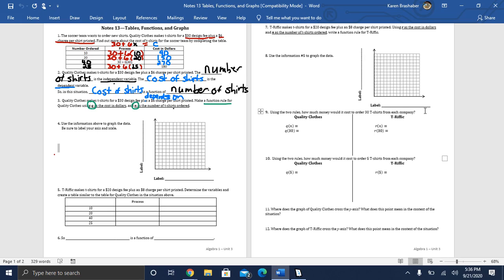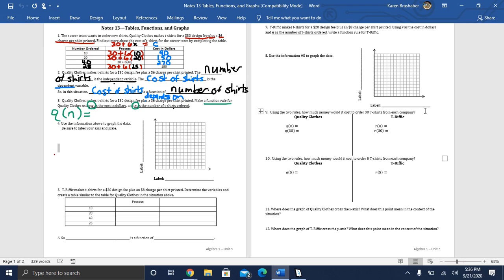So a function rule looks like this. You'll have Q, whatever they tell you to use for your rule, of N. That's how you say it, Q of N. It looks like multiplication, but it is not. It's stated as Q of N equals, and then you state your rule, which is the process that we've been using.